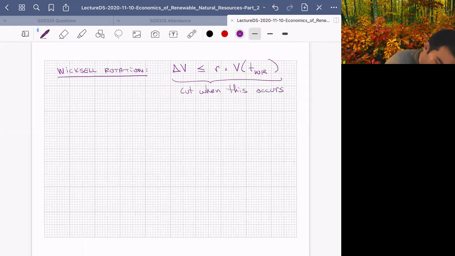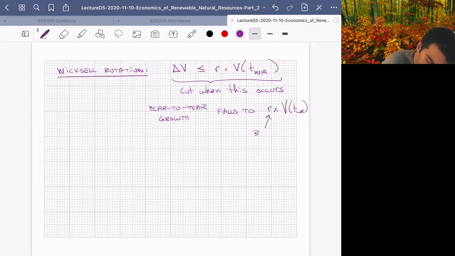And so you can think this is year to year growth falls to interest rate R times the current volume. So this is bank interest. And this is the current volume.